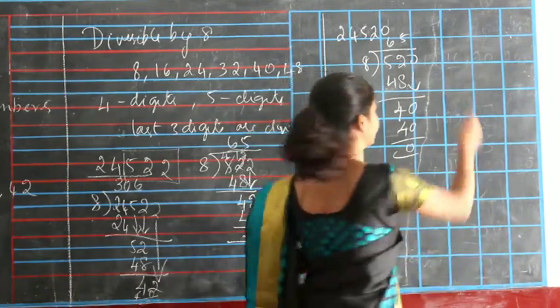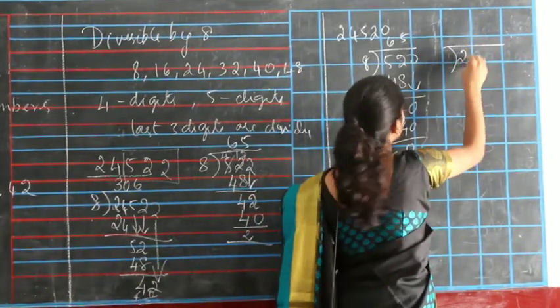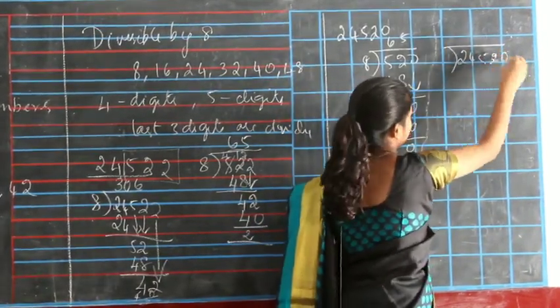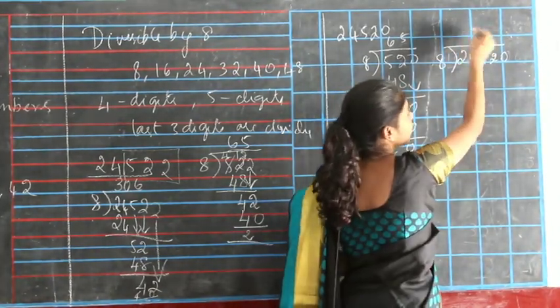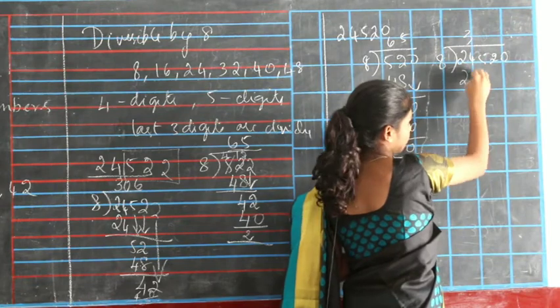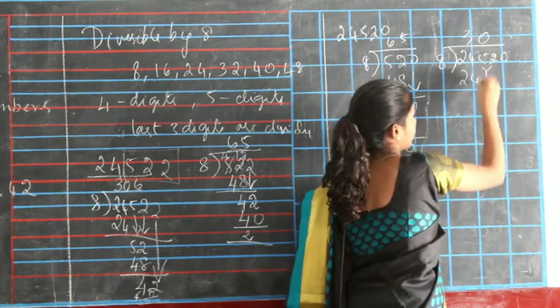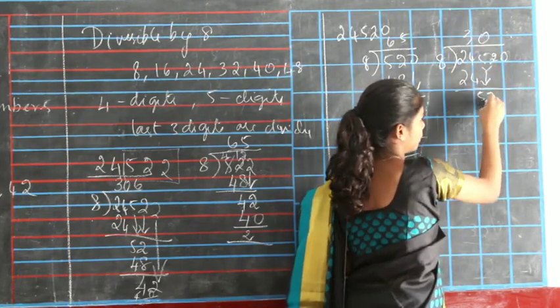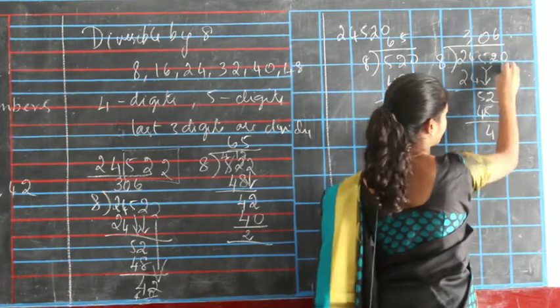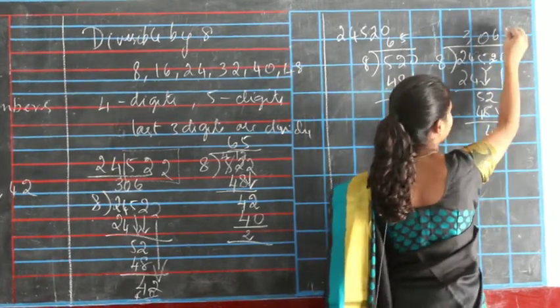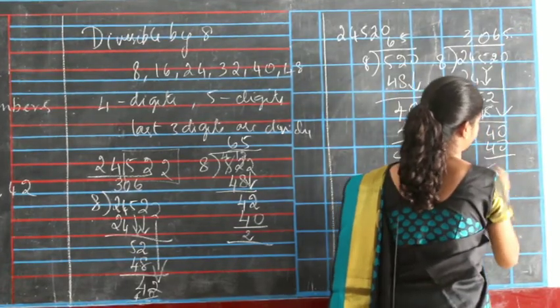Now the whole number, 24520 divided by 8. So 8 threes are 24, and then getting 2 numbers, putting 0, 52, and then 6 are 48, 4 will be remainder, 0, and then 40.